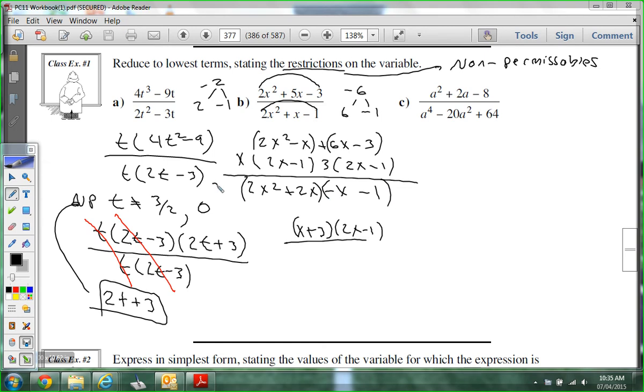These have a 2x in common. These have a negative 1 in common. Okay, that gives me x plus 1, x plus 1. So we have x plus 1, 2x minus 1 now. Okay, now this is when we're happy. This is where everything looks a little bit easier. It looks like everything's sorted out. Okay, so back to the top here. So Carson, what are my non-permissibles for this one right here?